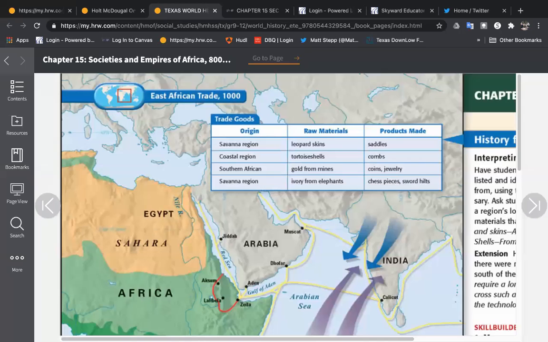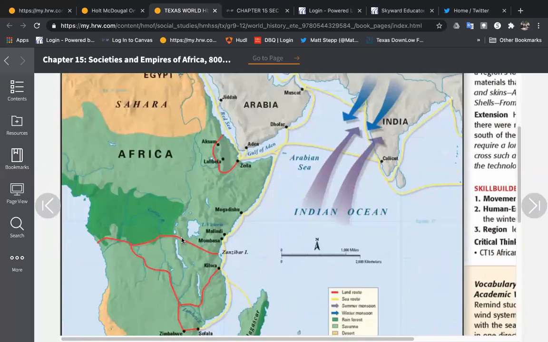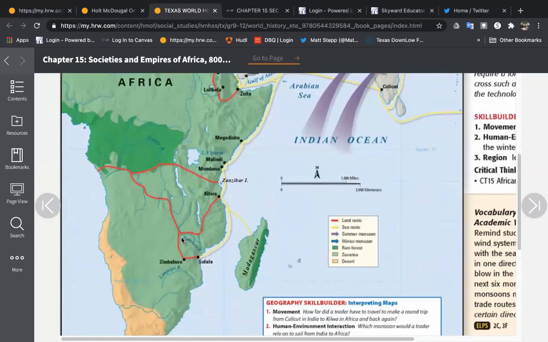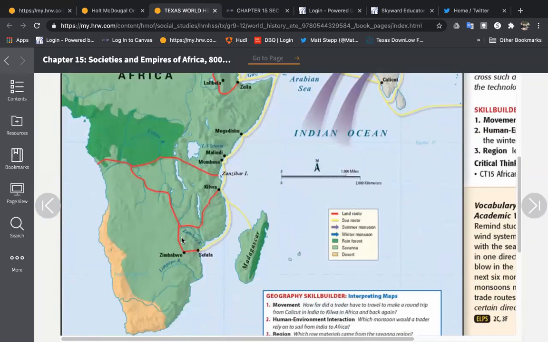Look at Zimbabwe. You're going to find it with the black dot and the solid black lettering for the name of the town. I don't care if you mispronounce the names right now. You try your best. Tell me one of the rivers.